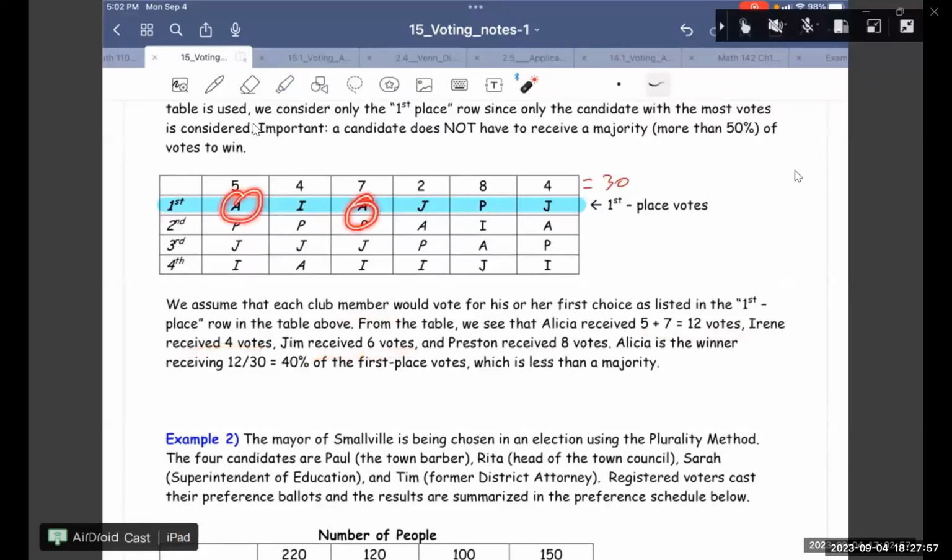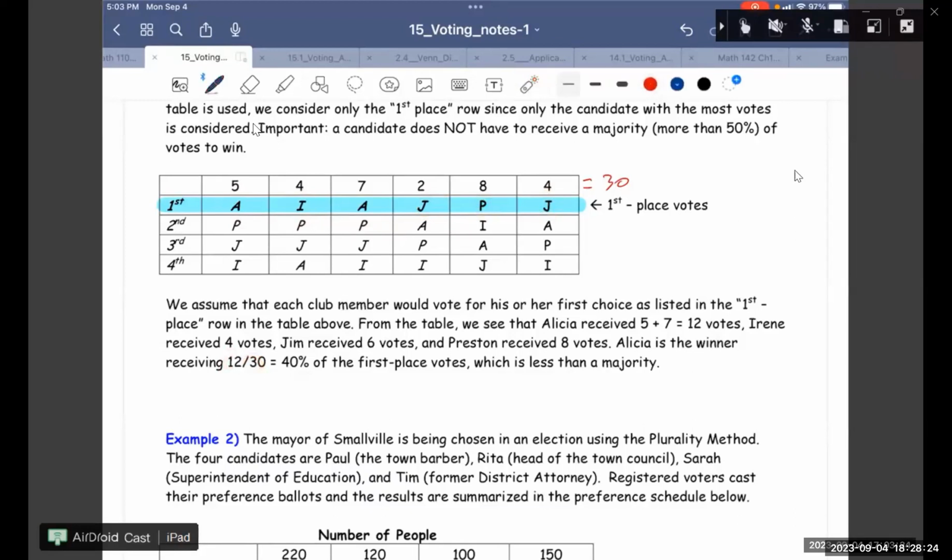Right here, we can see Irene only 4 voters, and Jim this one and this one, so 2 plus 4 is 6 voters. Preston has only one place, that's 8 voters. Alexa is the winner, receiving 12 over 30, which is 40%.